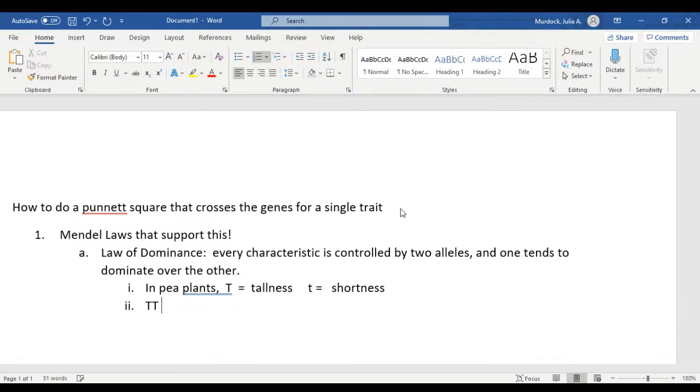Big T would give what kind of a plant, tall or short? It would give tall. Good. Big T, little t would give what kind of a plant? Tall again, as big T dominates over little t. And little t would give short. Very good.